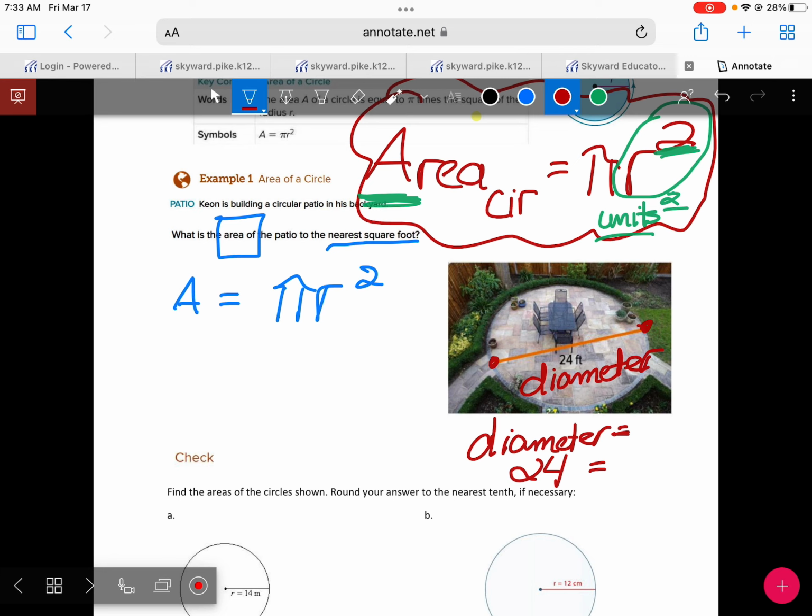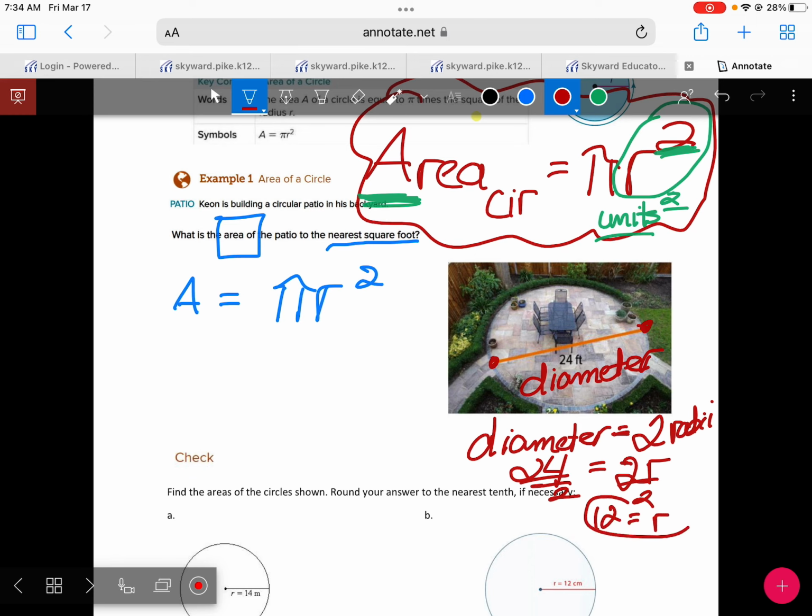Yes, the radius is half, or it takes 2 of the radii to equal the diameter. Okay? So 24 is equal to 2 times r, divide by 2, divide by 2. So radius is 12.